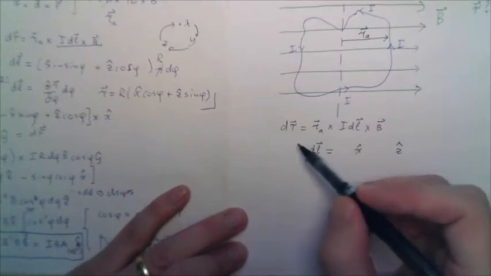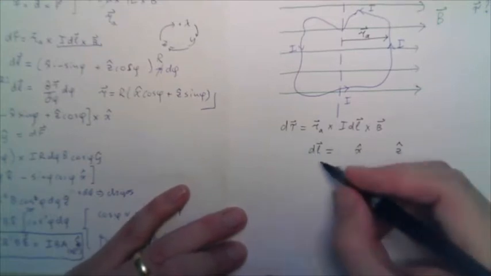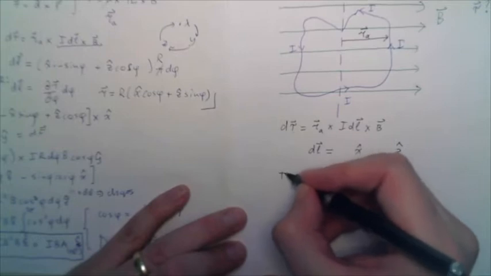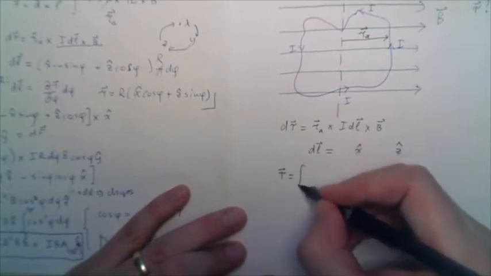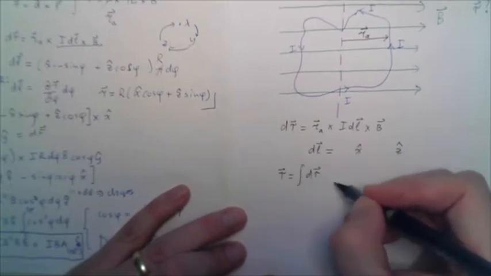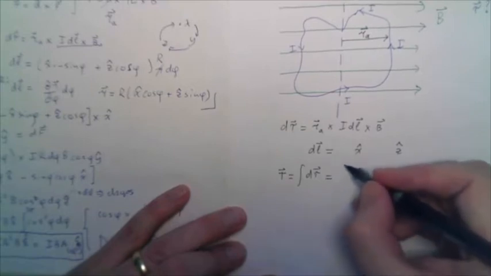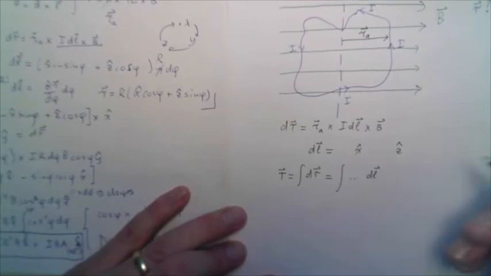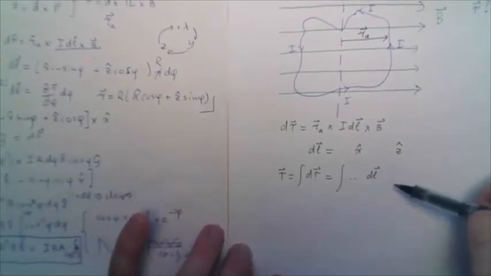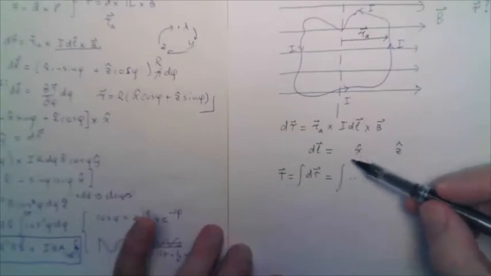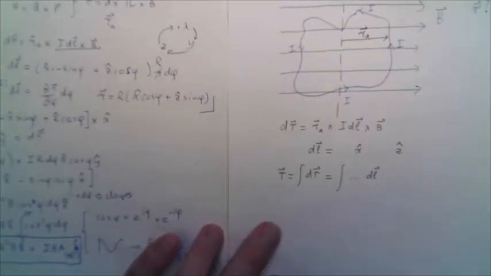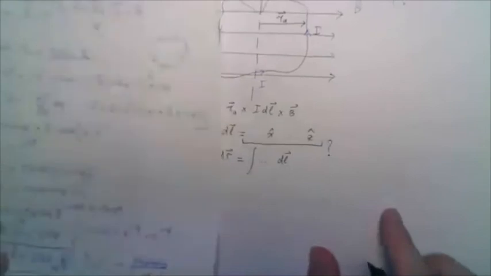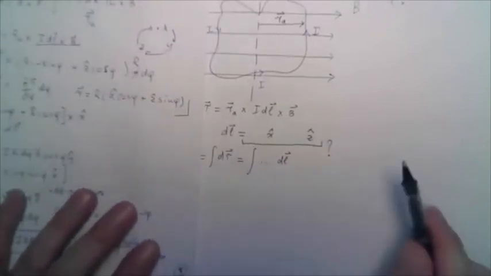So we will integrate to get the torque. The torque is the integral over d torque, which in this case would be the integral over something with a dl vector. And the question is, how do we write this dl vector?